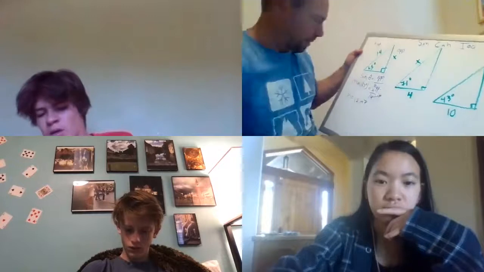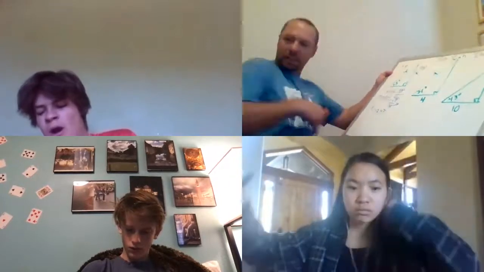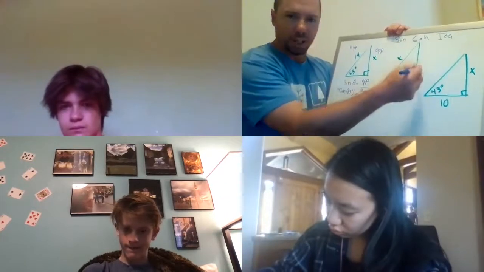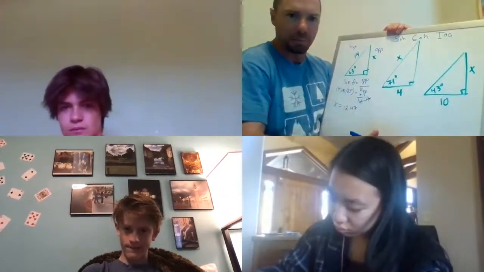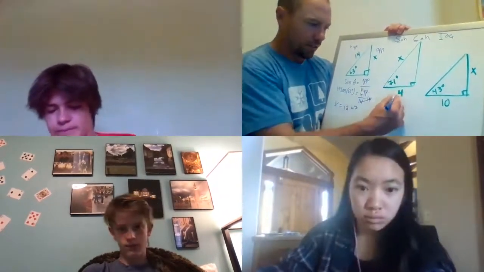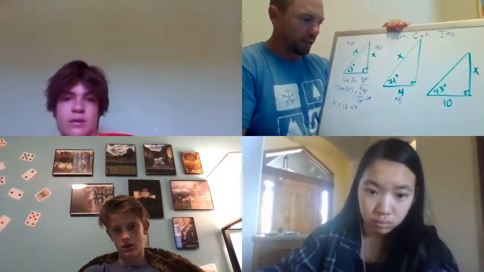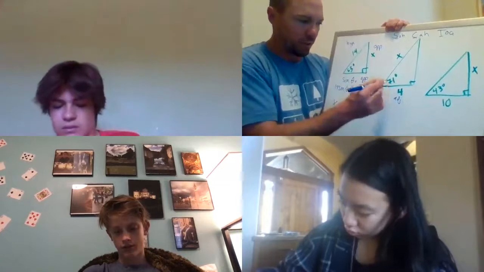So I'm looking at my triangle. I'm gonna switch up colors here. Actually, that blue is probably good for you guys to see. If you're at 71, here's my opposite side, but there's nothing labeled here, so I don't care about my opposite side. Here's 4, so that's the adjacent side because it's next to 71.